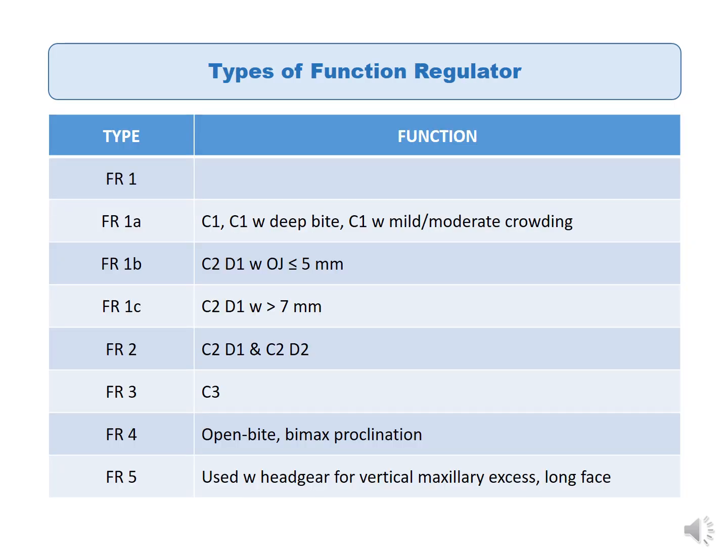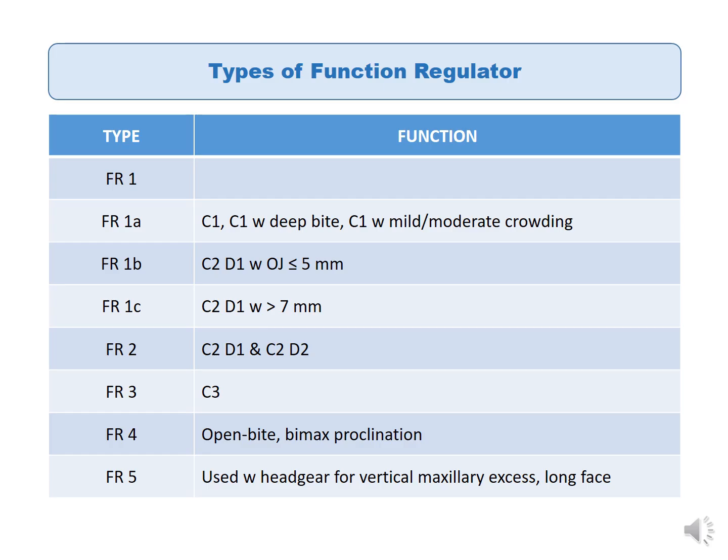Now the function regulator can be divided into various types. Okay, we have the function regulator 1, which is subdivided into 1A, 1B and 1C. You have the function regulator 2, 3, 4 and 5.